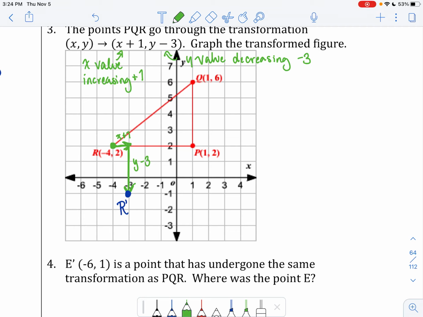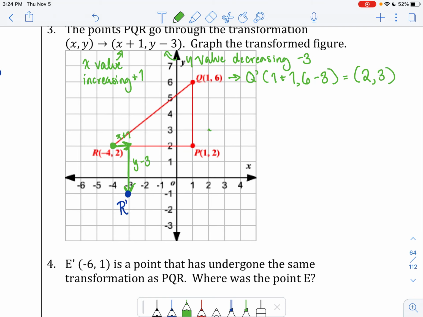So let's take the point Q. Since we have this formula here, x, y becomes x plus 1, y minus 3, you can say Q prime is 1 plus 1, since that's the x value, comma, y value minus 3. So then we know that Q prime is equal to 2, 3.